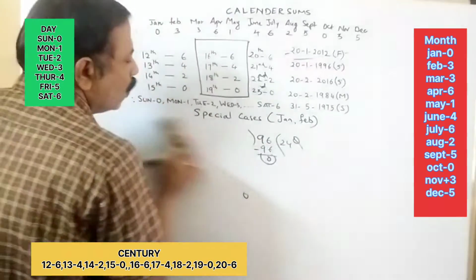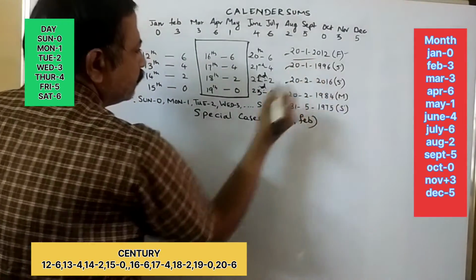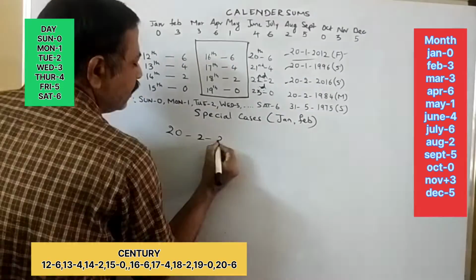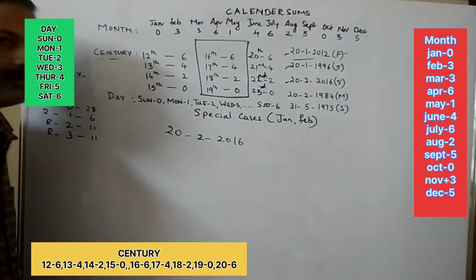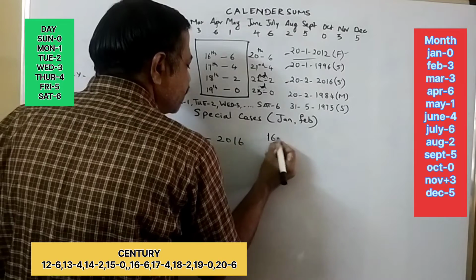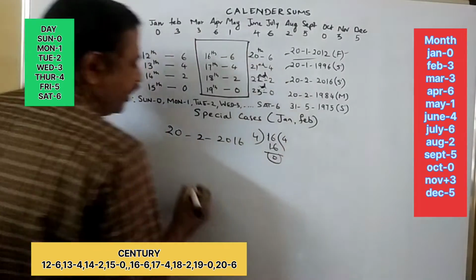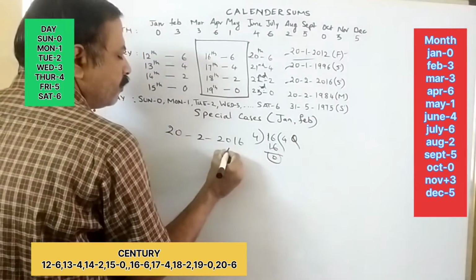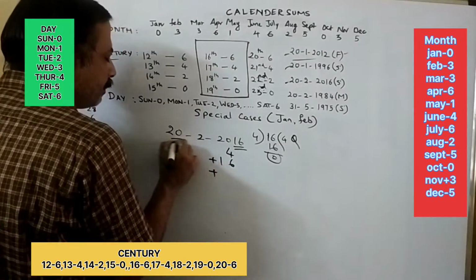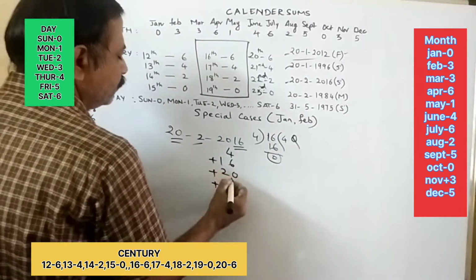Let us see one more date in the case of February. This is done. 20 February 2016. You know that 16 divided by 4, 4 4s are 16, remainder 0. So this is the quotient. 4 plus 16 plus 20 plus the month code.